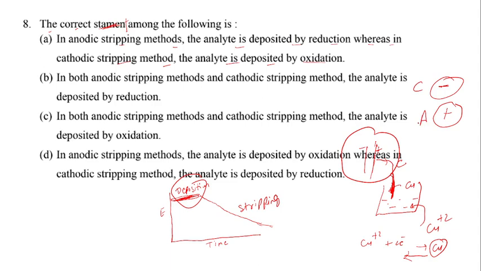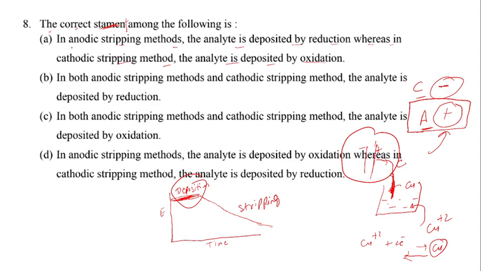So while depositing the metal it was the cathode, but while stripping it is the anode. So we will take this as anodic stripping. But in anodic stripping, when deposition occurs, it was the cathode. So this is the concept, it should be in your mind.